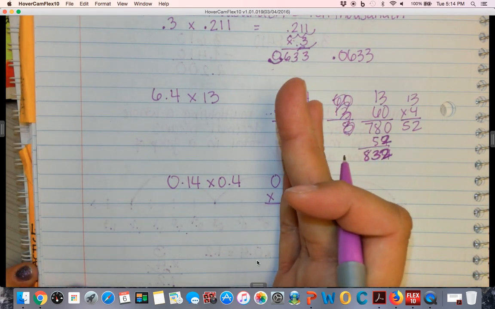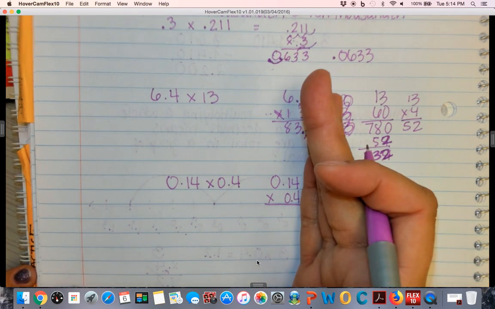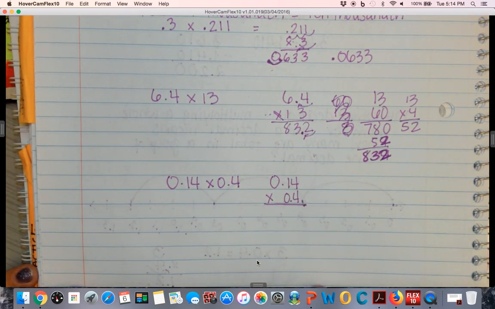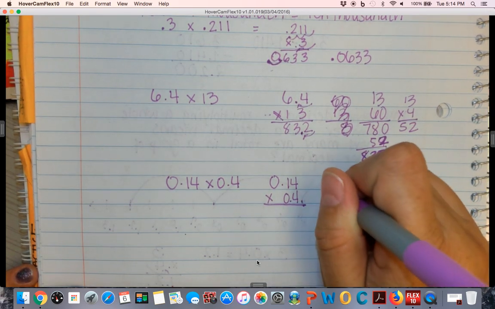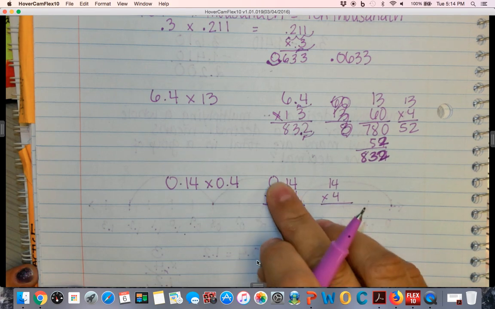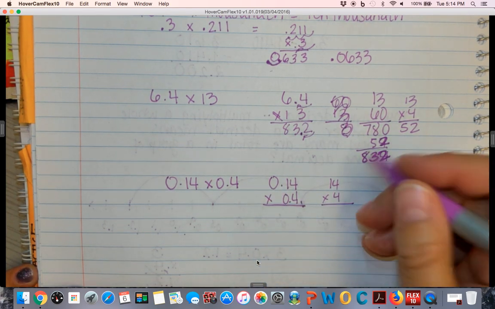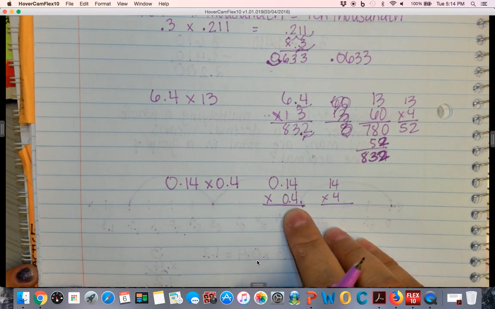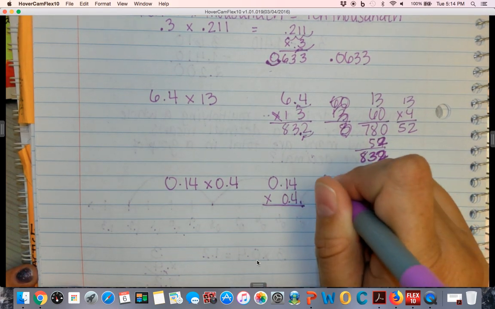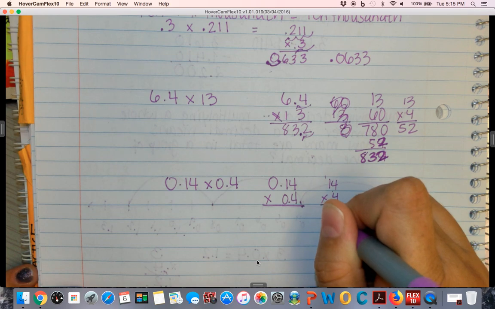I line up the numbers when I multiply. Don't worry about the decimal places right now. In fact, I could even rewrite this as 14 times 4 and come back and worry about those decimals afterwards. So right now, 14 times 4, 4, 8, 12, 16, 4, 56.